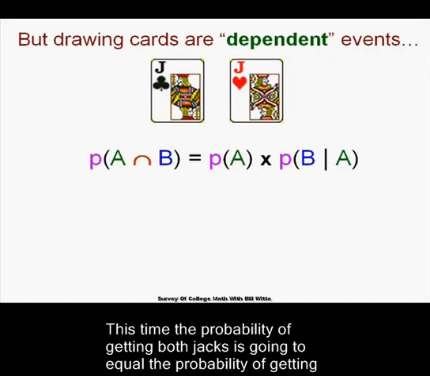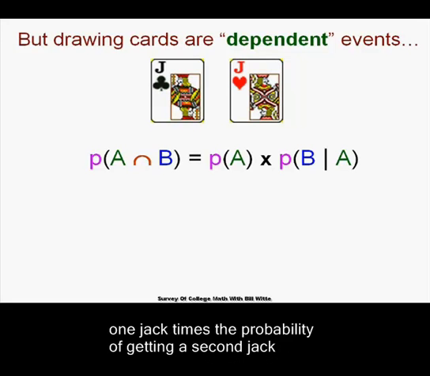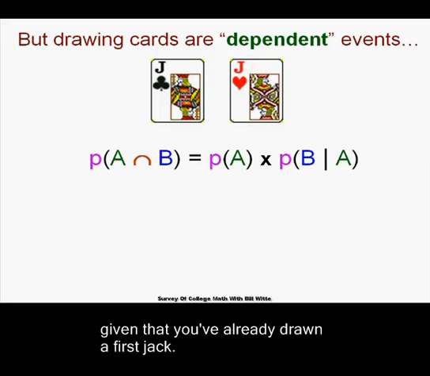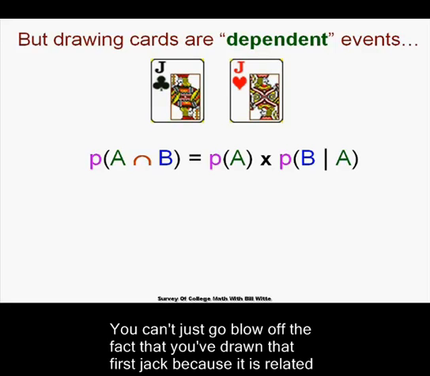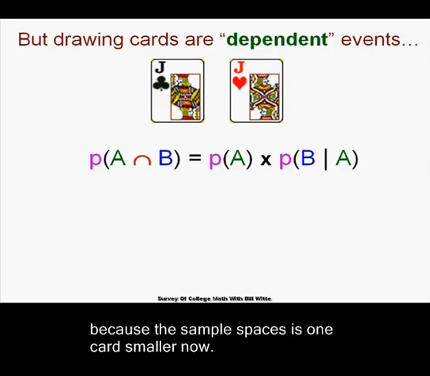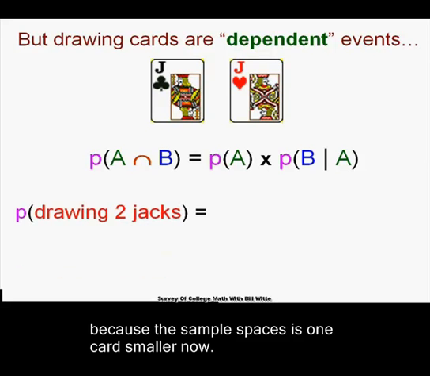This time the probability of the intersection of A and B, of getting both jacks, is going to equal the probability of getting 1 jack times the probability of getting a second jack, given that you've already drawn a first jack. You can't just blow off the fact that you've drawn that first jack, because it is related, because the sample space is 1 card smaller now.